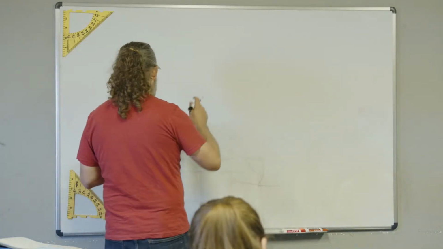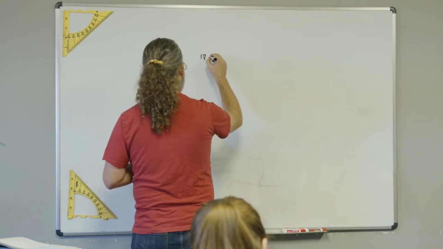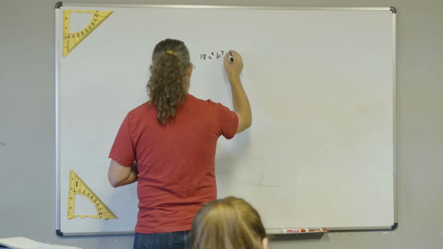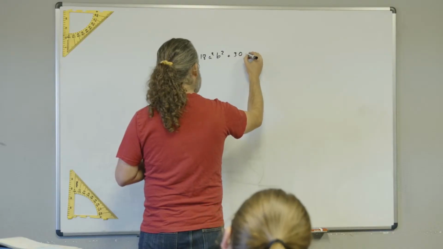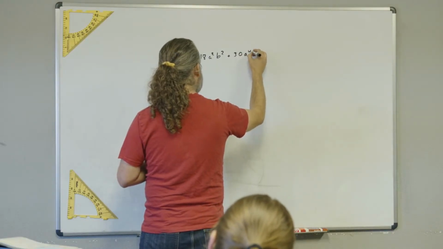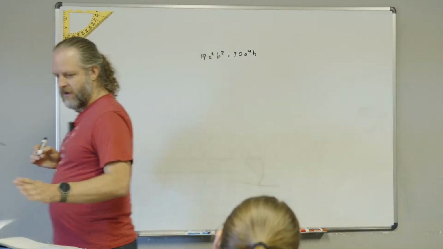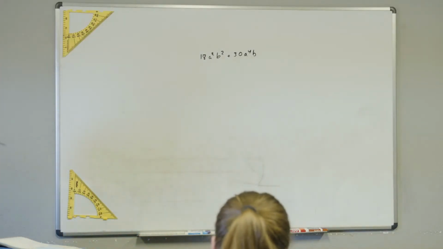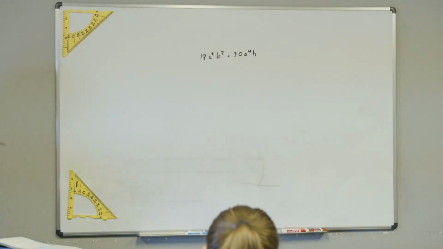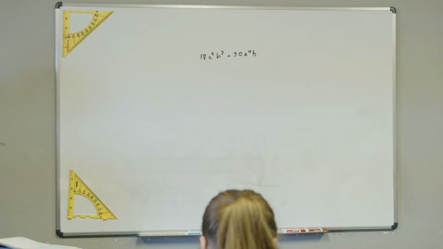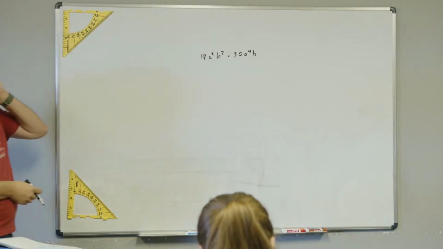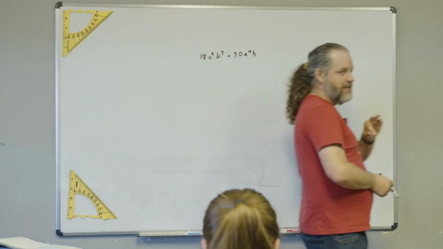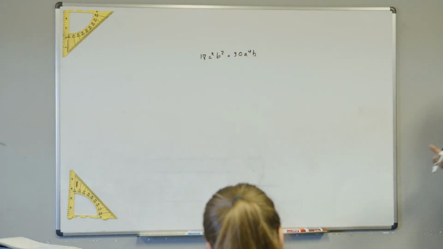Okay. Number 6 on the test is 18a squared b squared plus 30 a to the 4th b. All right. So, what is this? A mess, I agree. Trinomial. So it's not a trinomial, right? So how many terms would it have to be in order to be a trinomial? 3. So it's actually a binomial, but it's not a difference of two squares.